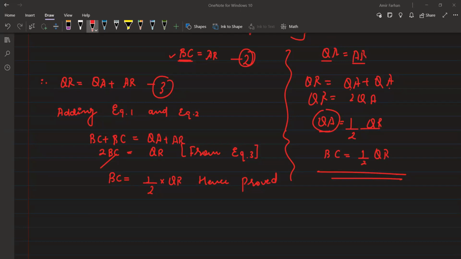Okay, if I give you one question, solve this question. I'm basically giving the question from the quadrilateral chapter, in this question paper itself.